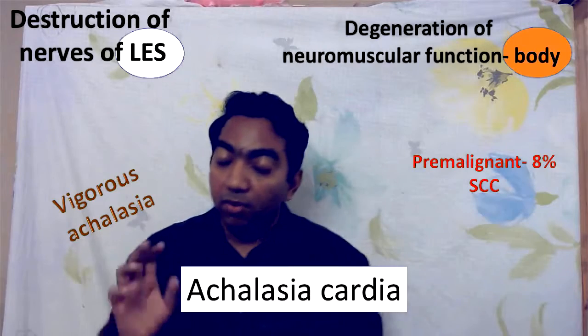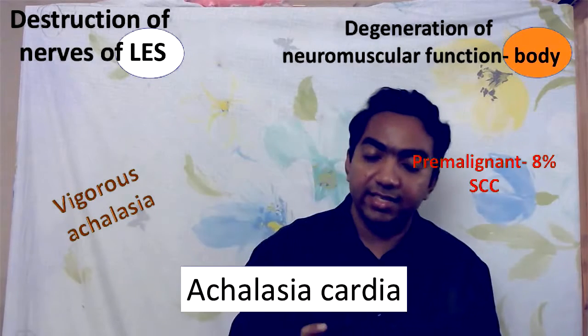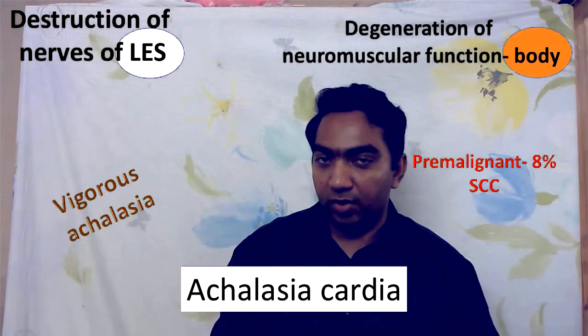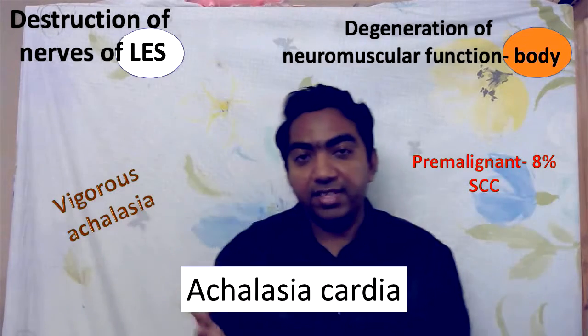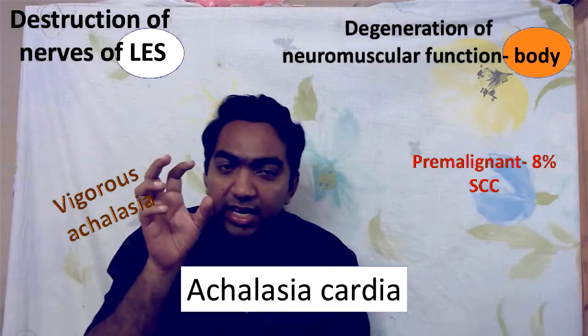And the most common malignancy seen in achalasia cardia is squamous cell carcinoma. Let us see what happens in achalasia cardia. You see the peristalsis in the esophageal body is less powerful than the normal esophageal peristalsis. And you can see the sphincter does not relax when the peristalsis reaches the lower esophageal sphincter.